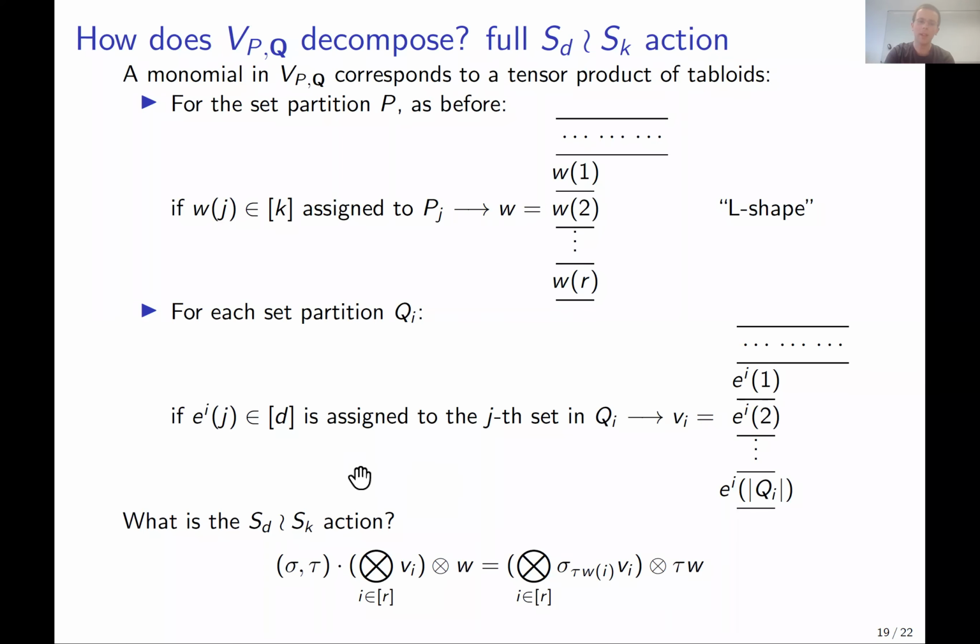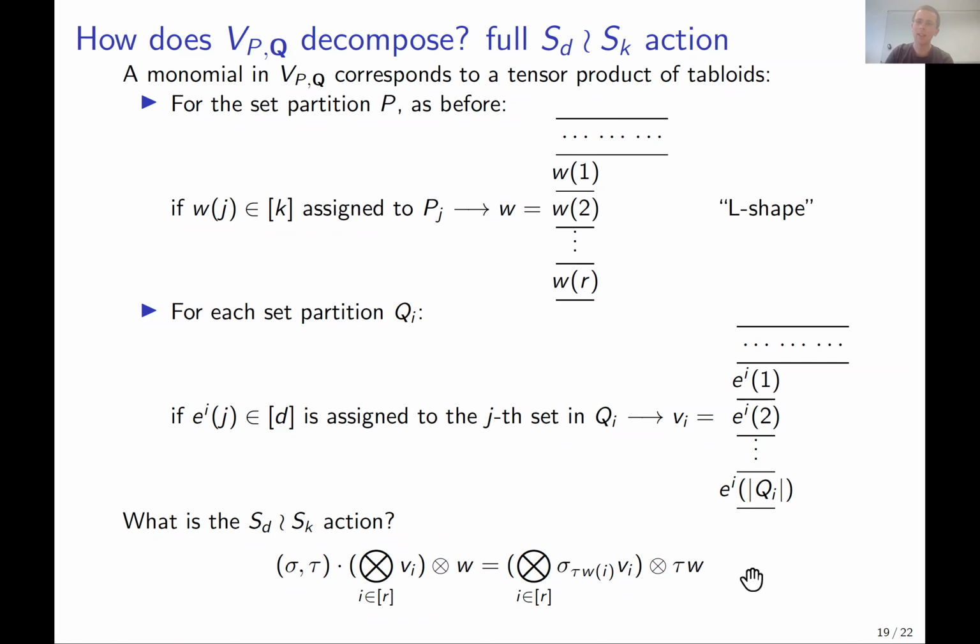You can just believe me that the associated action of the wreath product would basically be: permute the elements in this L shape for the set partition P. And on each of the tabloids for, let's say, Q_i, you would apply one of the permutations of D, but the one that you apply depends on the ith row of this tabloid tau_W. Okay. So this is a very natural way to define the action of the wreath product on, let's say, this vector space.